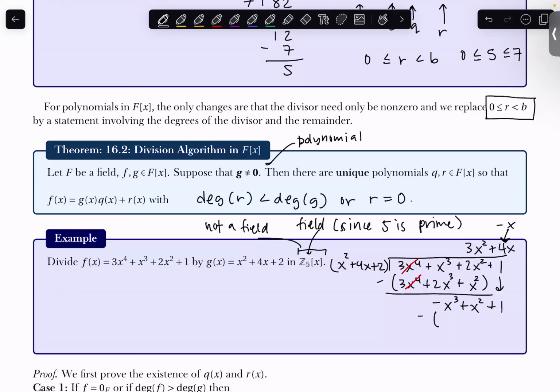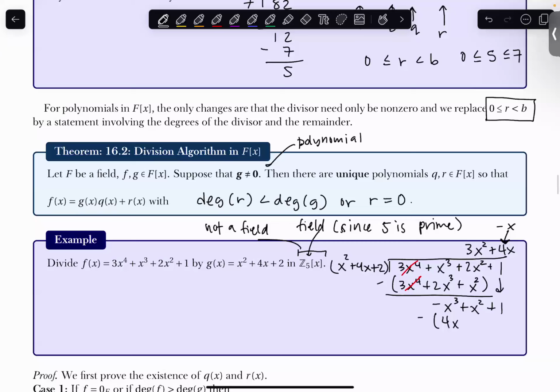Okay, so here when I do this, I'll get back 4x cubed plus 16x squared. But I am going to reduce that one just because it's so big. 16 mod 5 will give me back 1. So I'll get plus x squared. Okay, and then I'm going to do 4x times 2, which gives me back 8x.